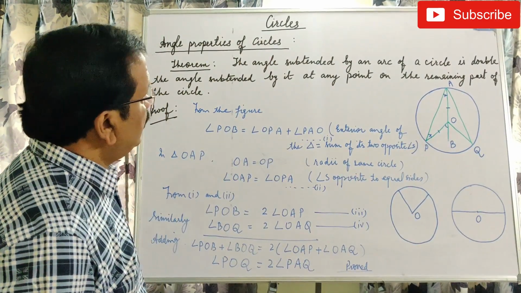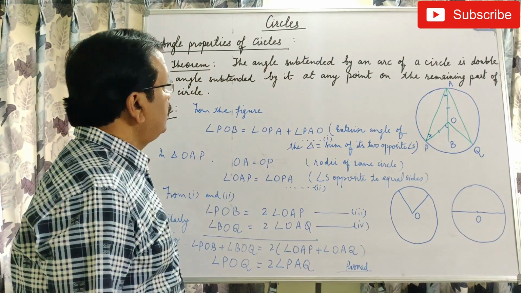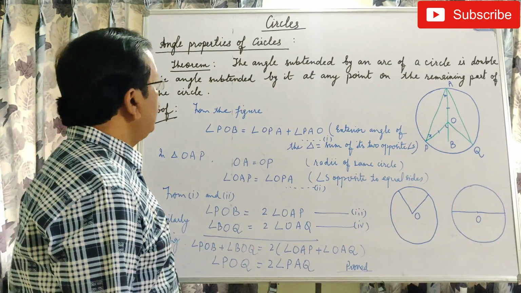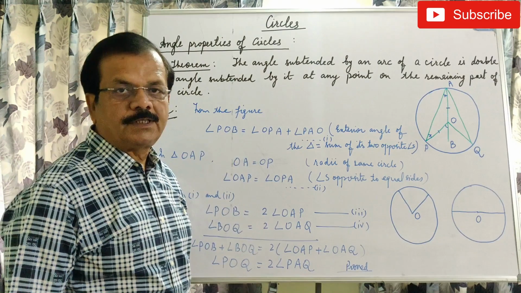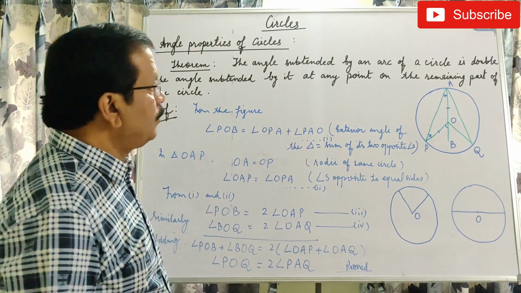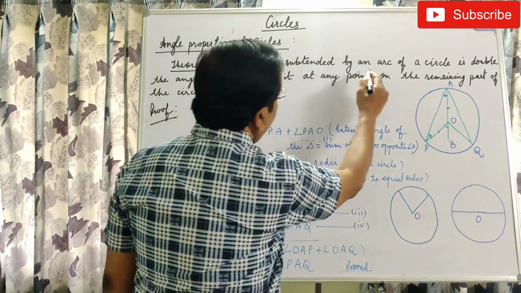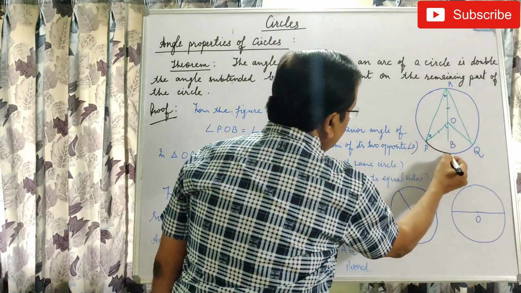The angle subtended by an arc of a circle is double the angle subtended by it at any point on the remaining part of the circle. Actually, the statement of the theorem is very important in circles. First, try to understand the statement of this theorem, that is, the angle subtended by an arc of the circle. Here in this figure, this is the arc.